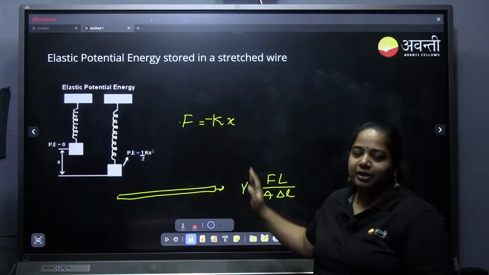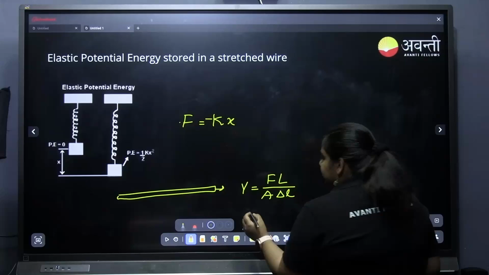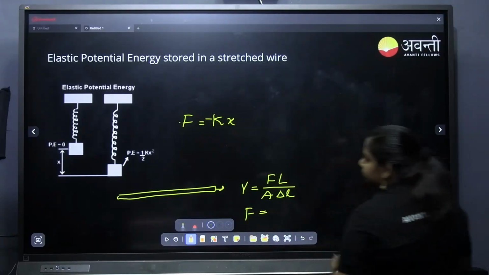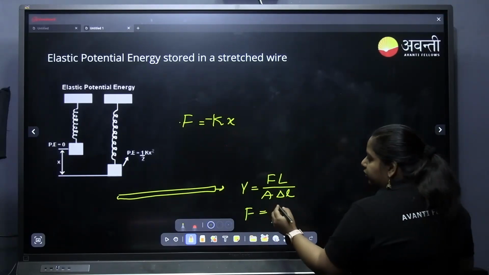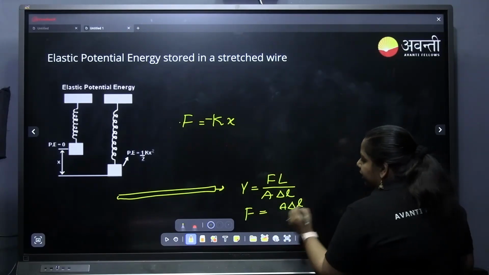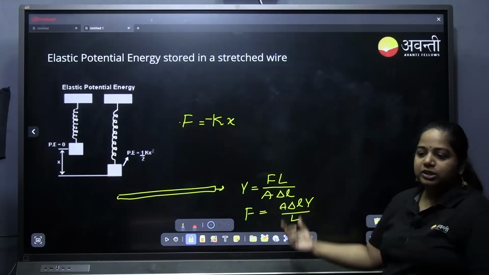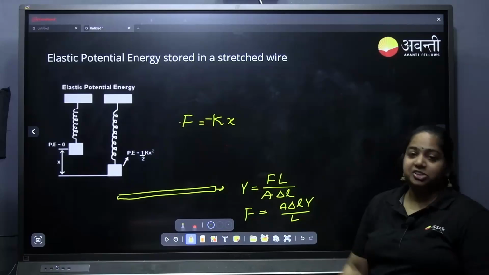If you take just the magnitude, it is F equal to kx. Comparing with this, can I write F equal to A delta L Y by capital L? So this will be the formula for F from the stretched wire.